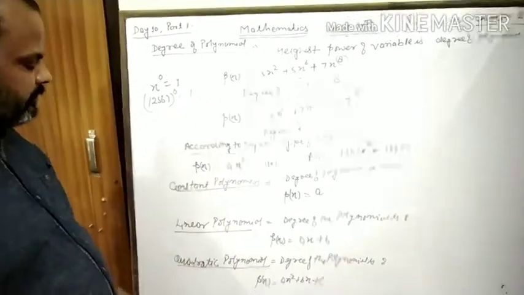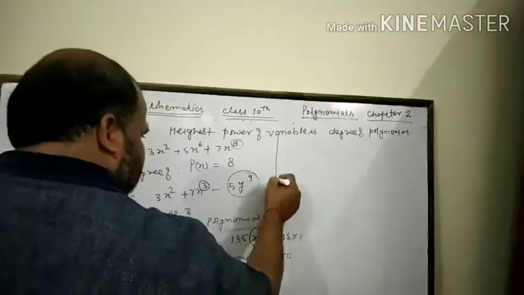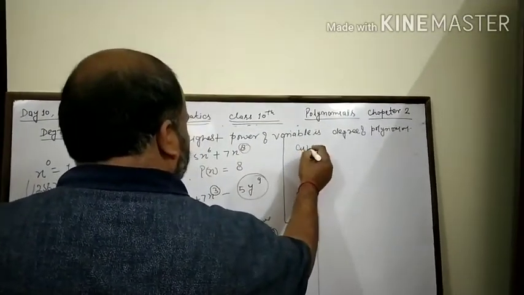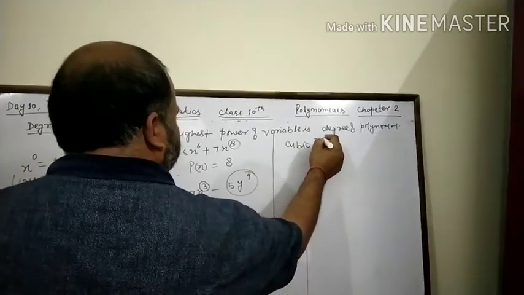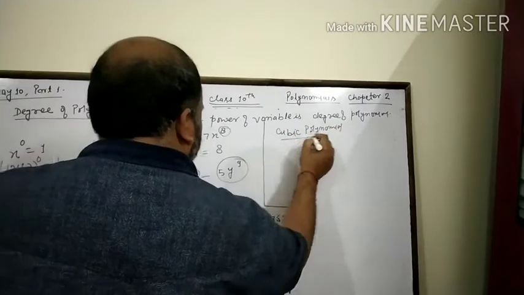Clear? Then after that, the cubic polynomial.